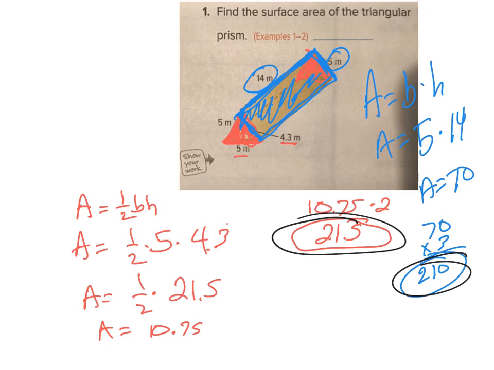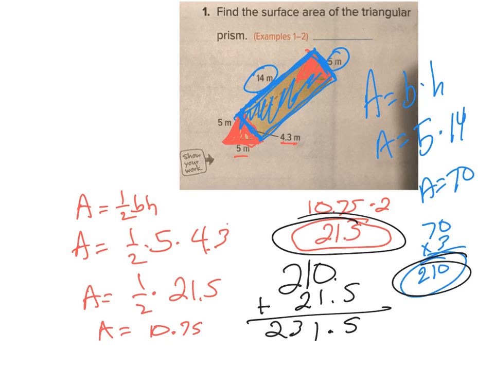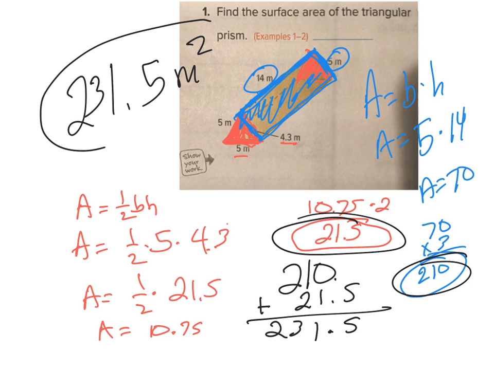I put those together. 210 plus 21.5 gets me 231.5, and we're dealing with meters, and it's area, so it's meters squared.